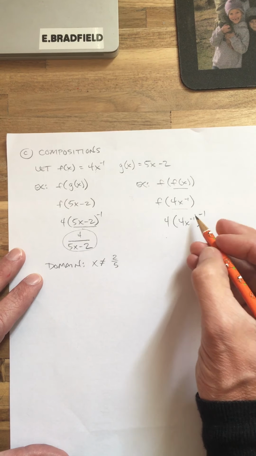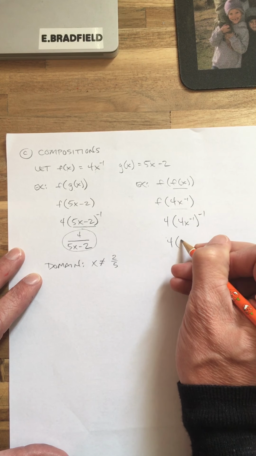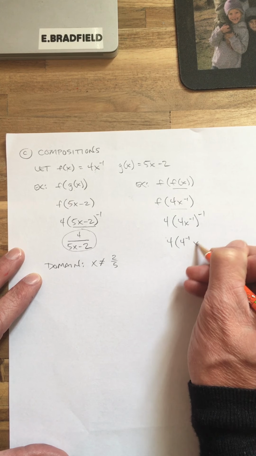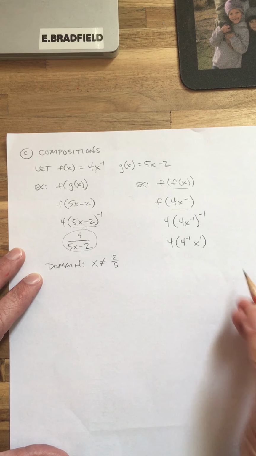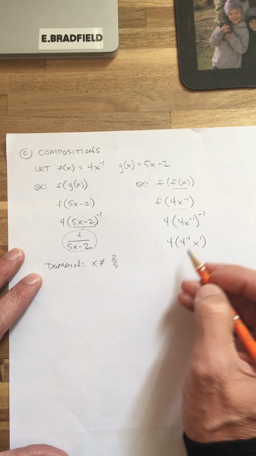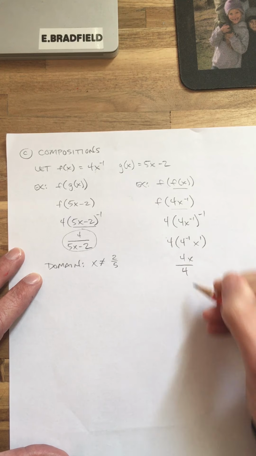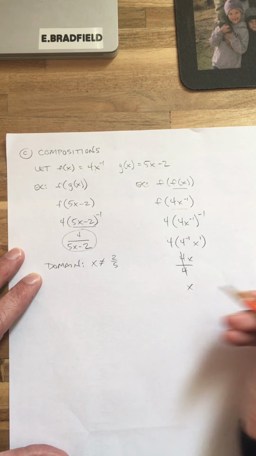Now let's distribute that negative 1 inside. So we have 4 times, this is 4 to the negative 1 times x to the positive 1. This is 4 times all that, so this goes to the denominator, so it's 4 over 4, and this stays in the numerator. The 4's cancel, and we're just left with x.